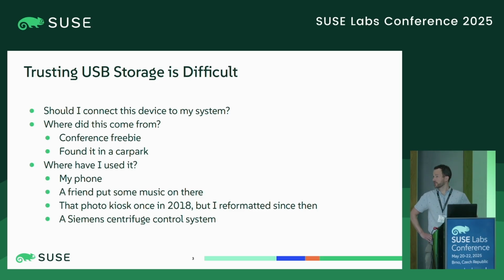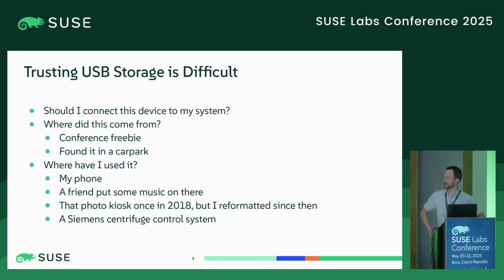So there are quite a few problems with USB storage. So obviously everyone has them sort of lying around, and often you don't know where it's from. You may have got it at a conference, so you don't know the supply chain of where it came from. You use it in all sorts of situations, like, I guess worst case, it's a public photo kiosk.